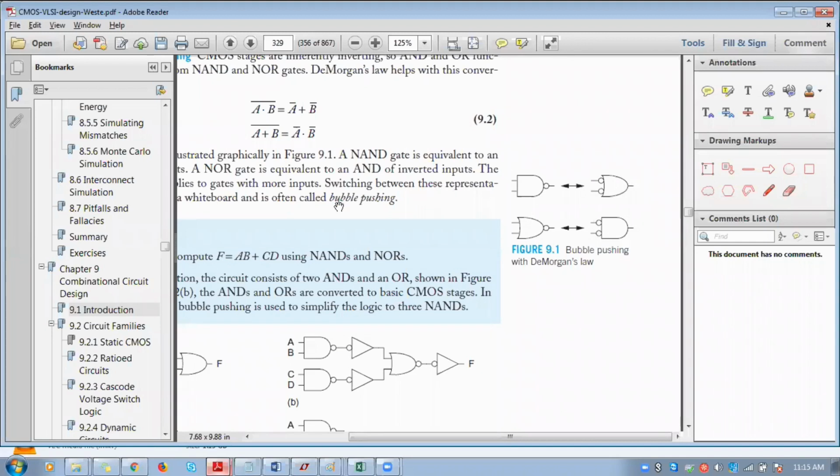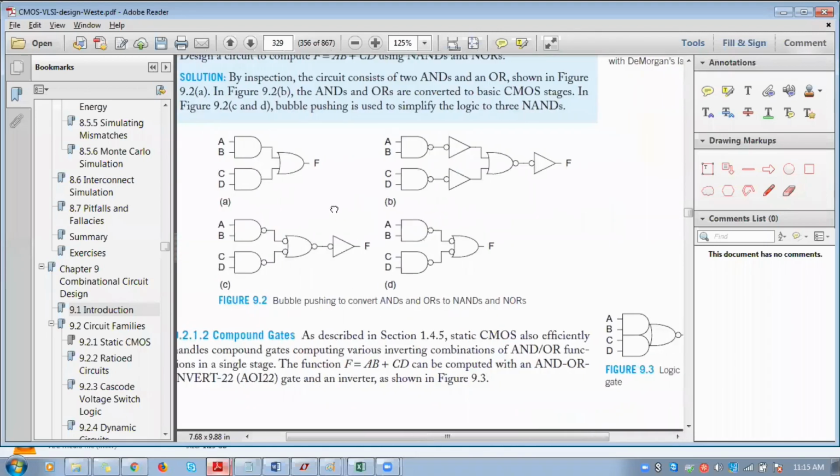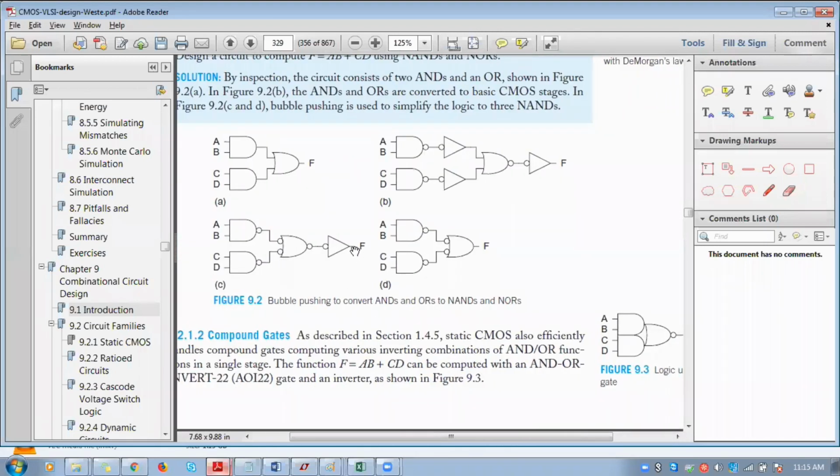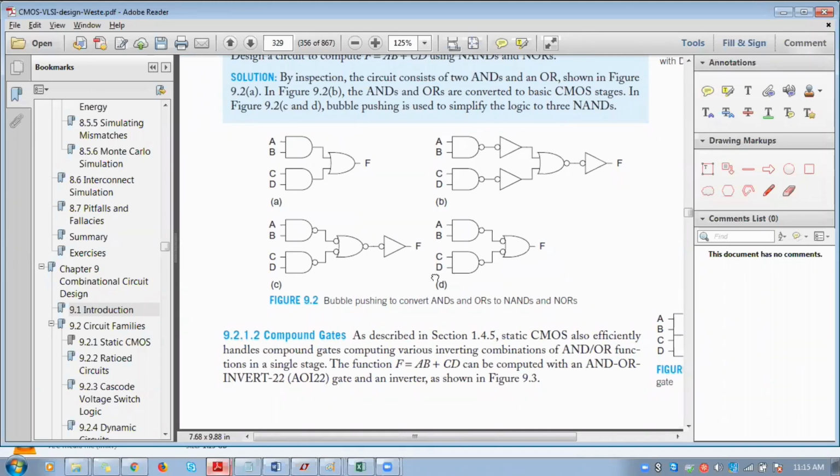The same thing we will be applying at the time of full adder design in third unit, at the time, fourth unit. So for the full adder circuit, we will be using this bubble pushing concept.